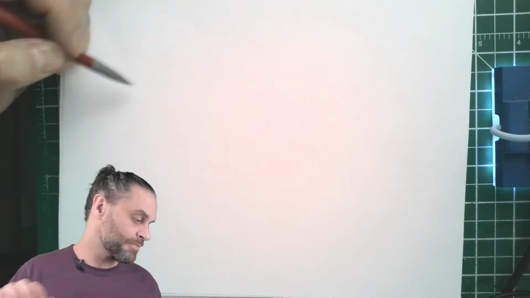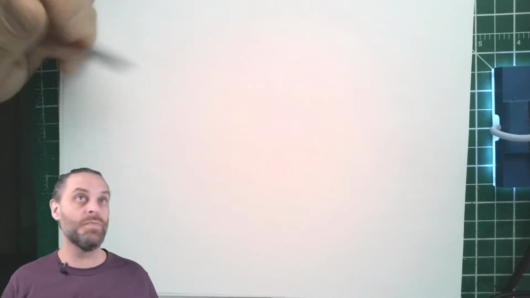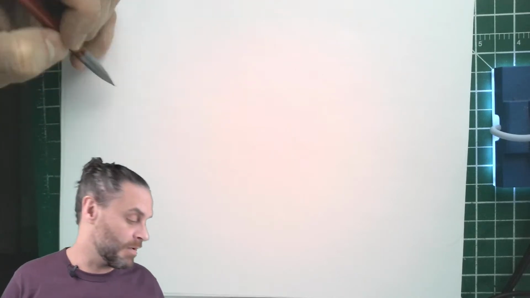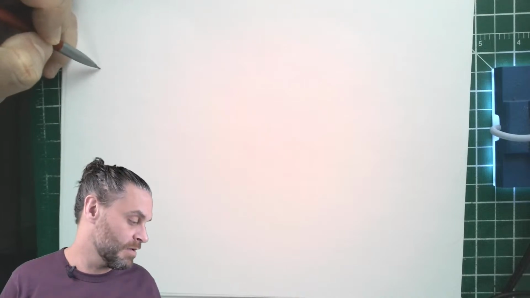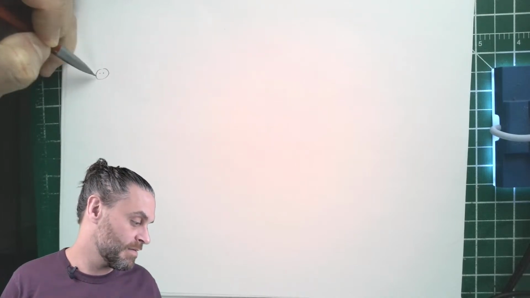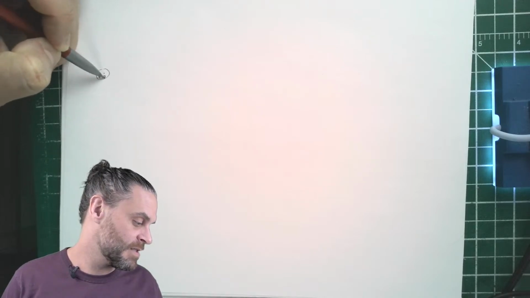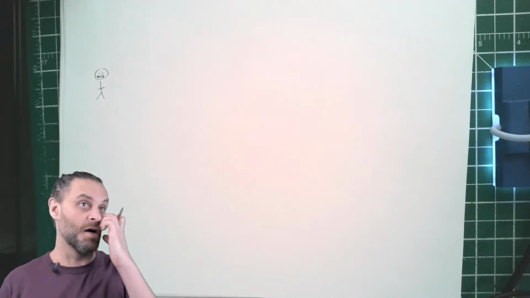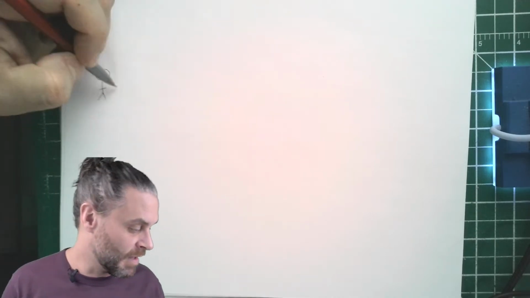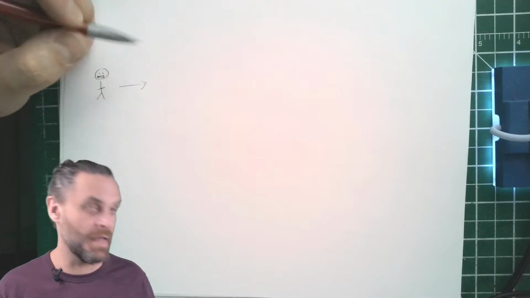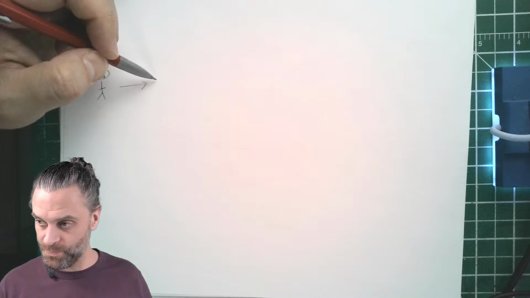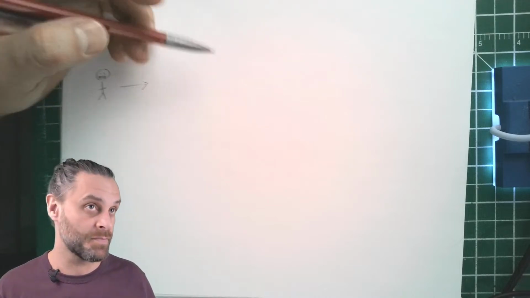Okay. So typically with HTTP requests, you've got your user. I'm going to make him a cringe face. I can actually draw, I just don't anymore. So they make a request. Let me remember how this works.